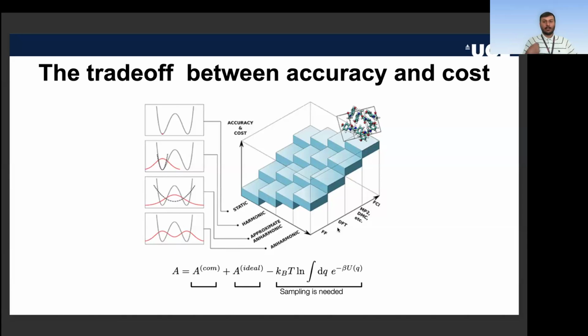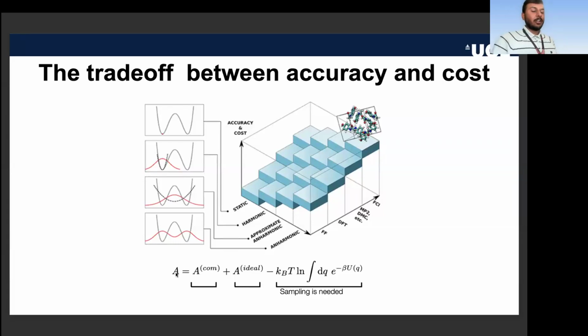But if you think about doing any calculation or computing an observable, you often need to do some sort of sampling. Just to give a very simple example, this is the expression of the Helmholtz free energy of the system, which is a proxy to how stable the system is at constant volume and temperature conditions.